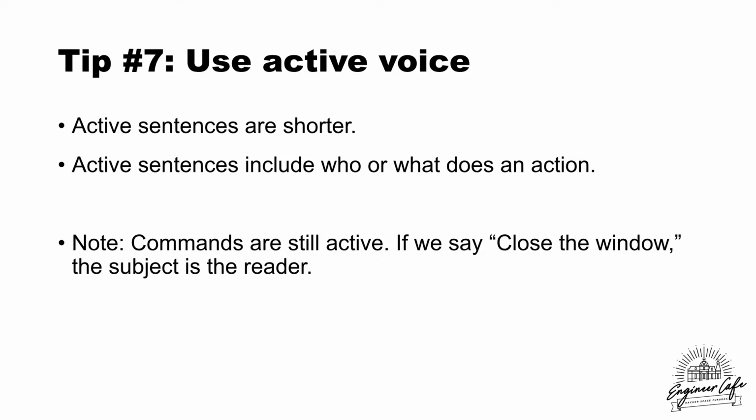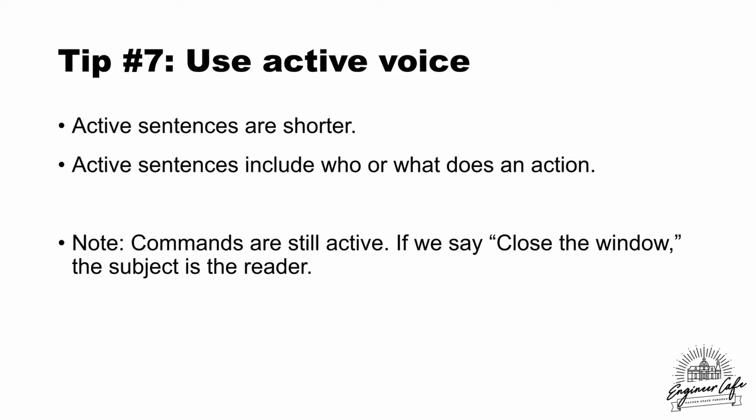Definitely, active sentences are shorter. And they also force you to include who or what does an action. In the example, a request is sent somewhere, but we phrased it in a way that we forgot to mention who or what sends the request.